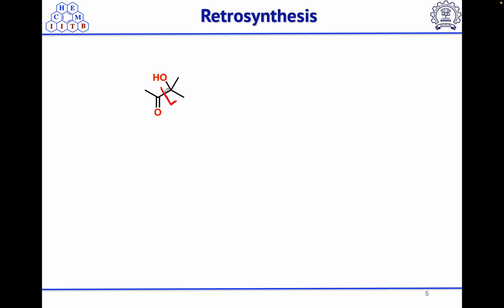If we do FGI from this terminal alkyne, we can convert this alkyne to a carbonyl compound. There are many methods; in 10 plus 2 we also read about this alkyne to carbonyl conversion, which is pretty easy and straightforward. Then we can think about this C-C1 disconnection.